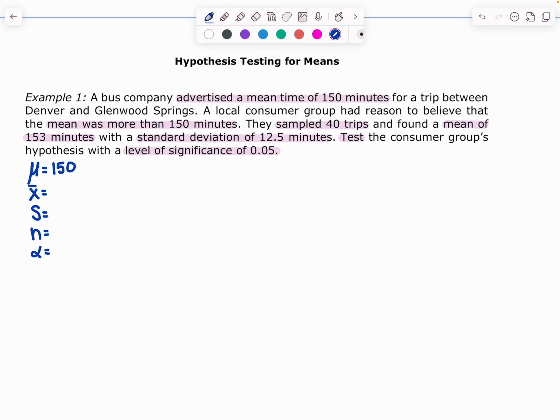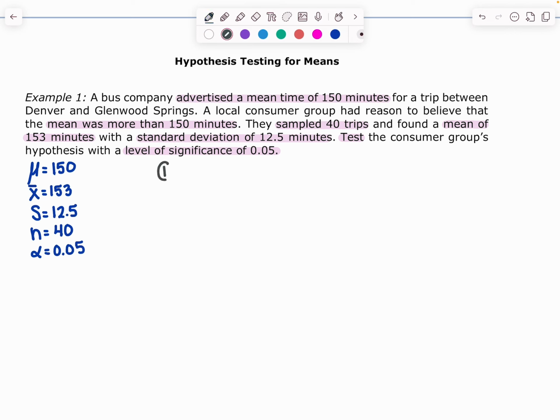X bar is the mean for the 40 trips, so that's 153. S is the standard deviation, 12.5. N is our sample size, 40. And alpha is the level of significance.